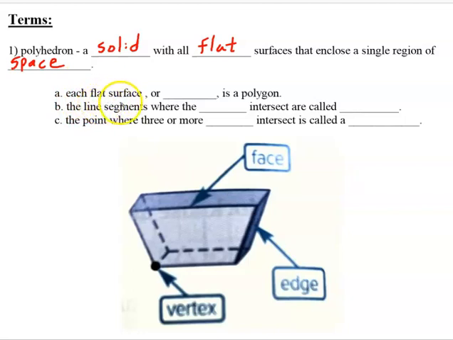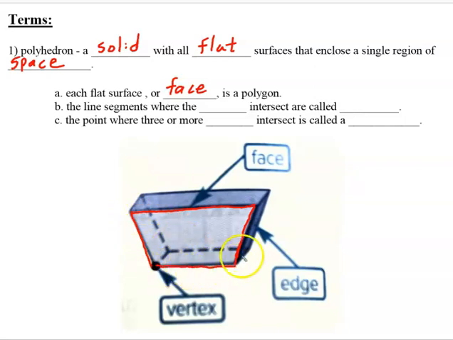Each flat surface, we call that a face, is a polygon. So in case you're wondering where this arrow is pointing, it's pointing at one of these. So this would be one of the faces. And as you can see, it is a polygon.